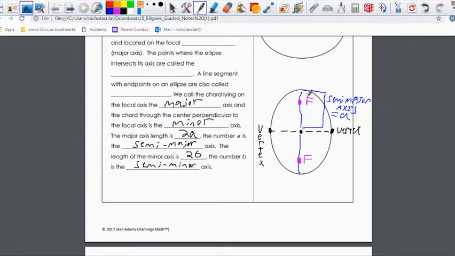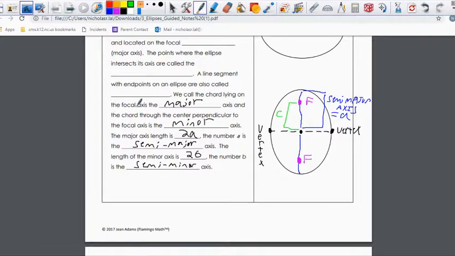This whole thing is equal to 2A. The minor axis is equal to 2B. The semi-major axis equals A, and the semi-minor axis equals B. Also, as a heads up, the distance between the focus and the center is equal to C. This is equal to C.